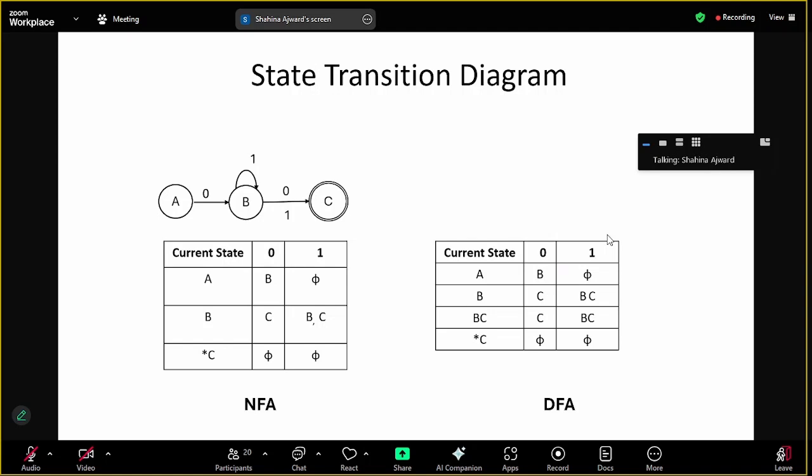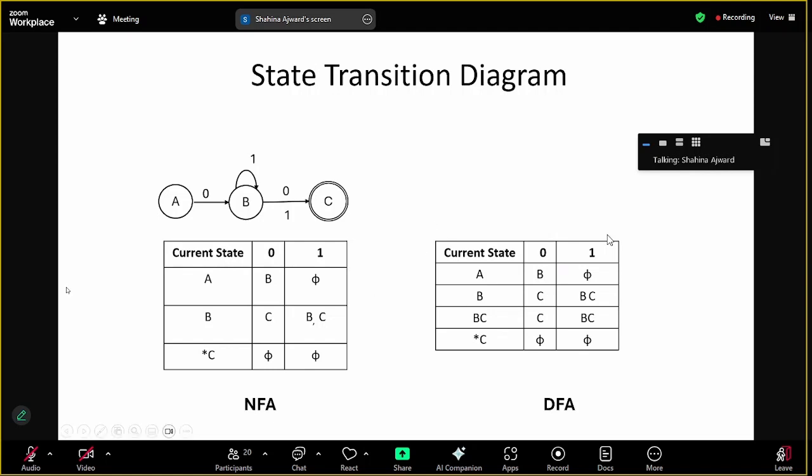So that is the process from NFA to DFA. First we start from designing the NFA state machine, and we obtain our NFA table, right? From the NFA table, we create our DFA table. From the DFA table, we design our state machine diagram, right?